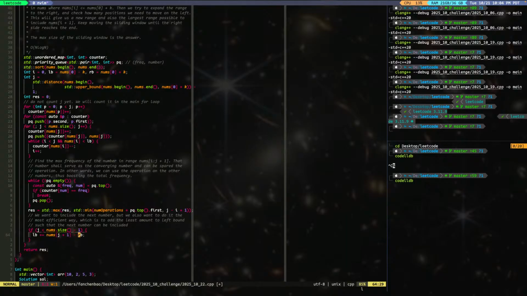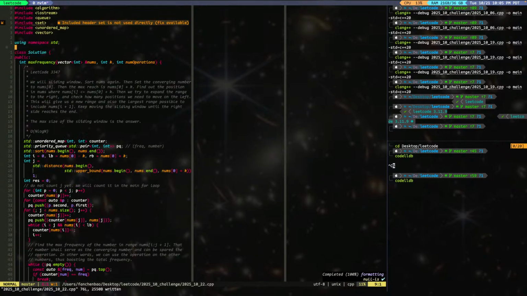This is the amount we need to move so that we can reach this one. Then left bound plus-equals this, and right bound shall be nums[j] plus 1. This is when the right bound gets reset. Then we go back, and everything else I feel shall flow.